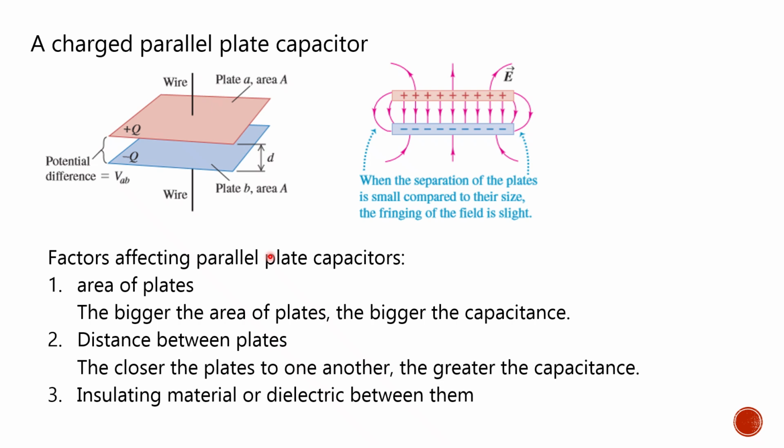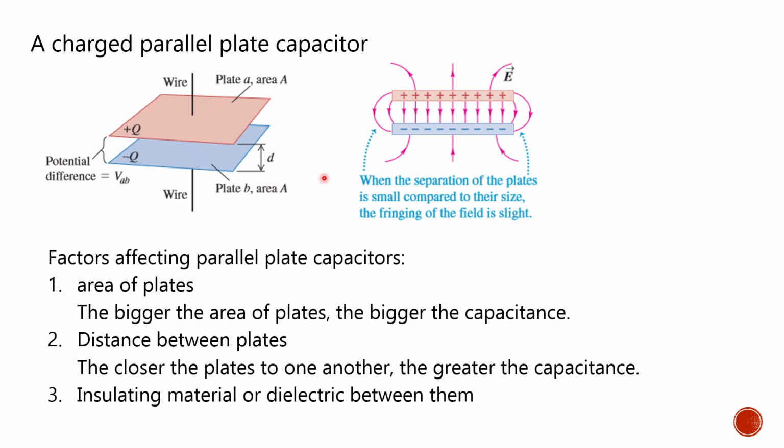One is the area of the plate: the bigger the area, the bigger the capacitance. Second is the distance between plates: the closer the plates are to one another, the greater the capacitance. And the type of material placed between the two plates is also a factor, which we call the dielectric, the insulating material.